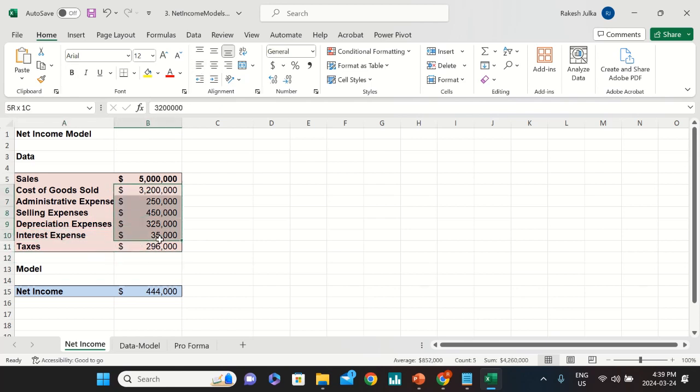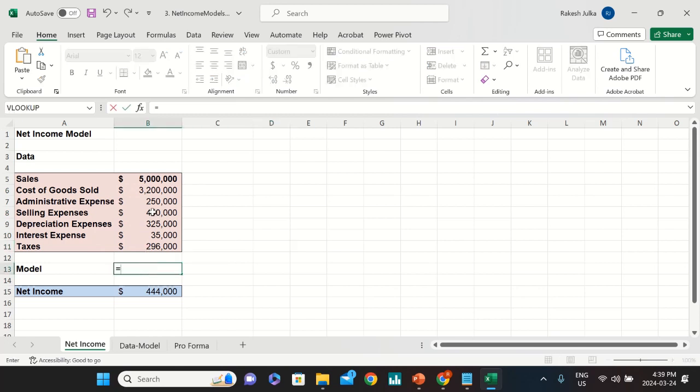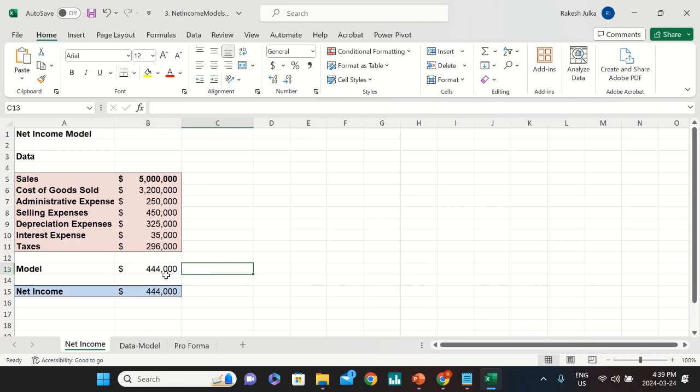All these are expenses, right? A very simple way: put an equal to sign, then sales minus the sum of all these expenses, close the bracket and enter. So this will be $444,000, that will be the net profit we have earned, right? So this is how we have calculated the net income model.